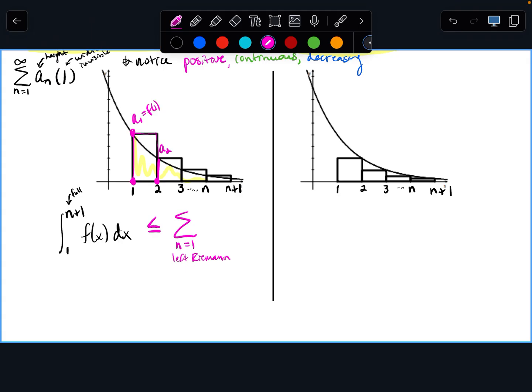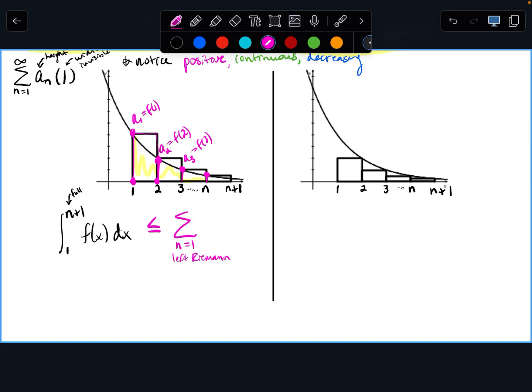AKA, these would all be f of 1. This would be f of 2. This is how I'm generating my terms. This is how I'm getting my heights. This one would be a sub 3, AKA f of 3. Now here's the deal. If I'm using Riemann sums to approximate it, and I'm using left Riemann sums, think of your tables here.